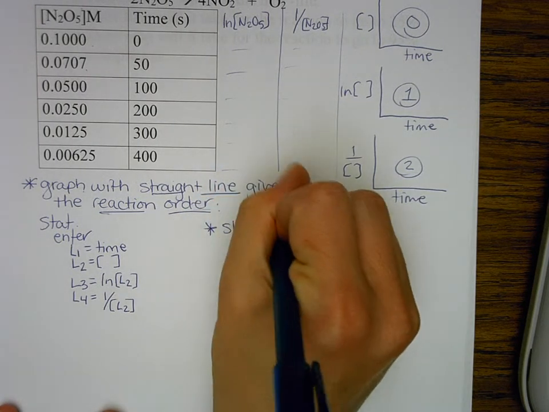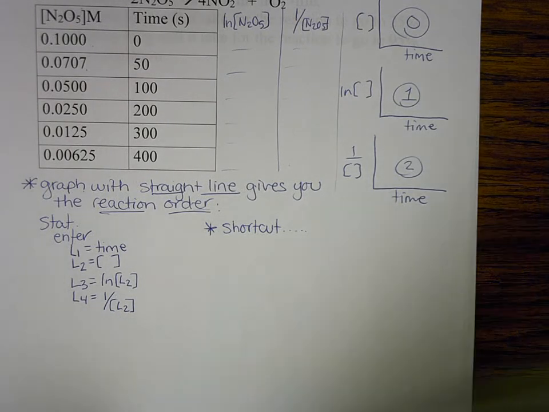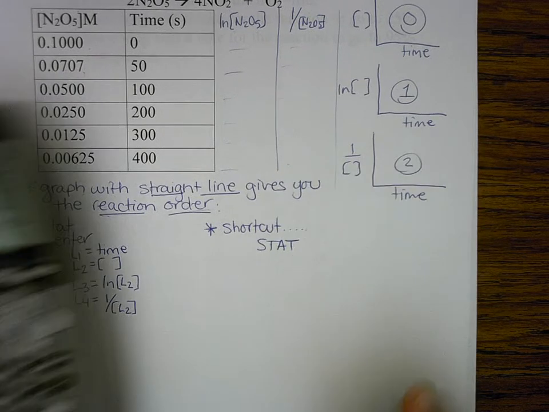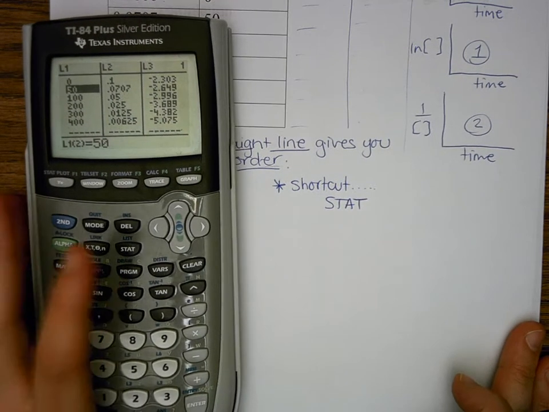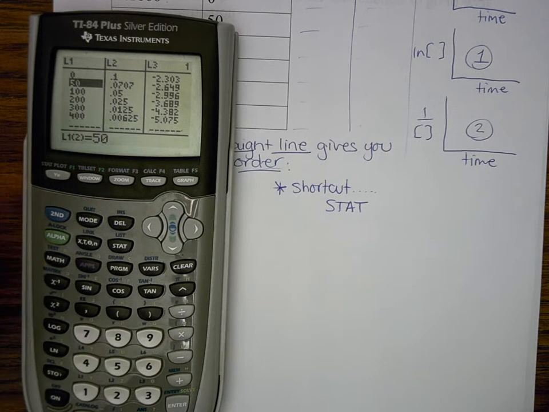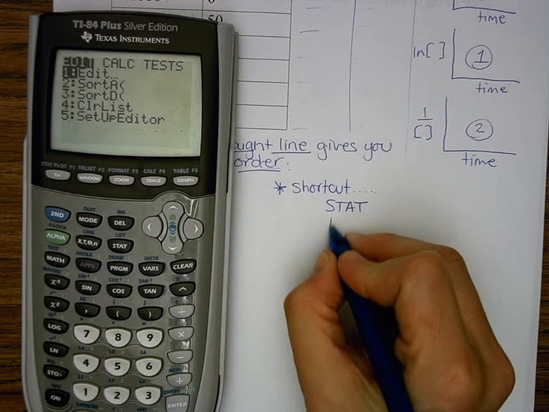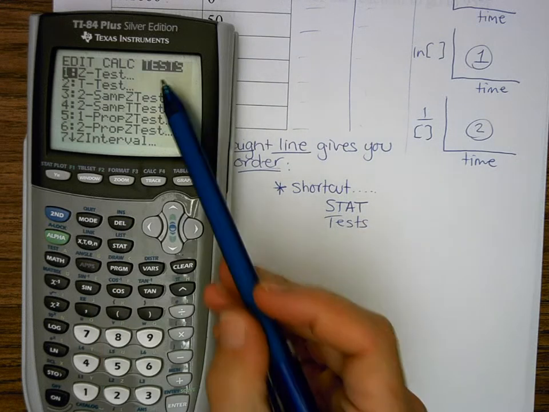So here's the shortcut, without graphing it. You are going to go to, again, your stat button. So here's my figuring out what's a straight line. Stat. And then you're going to go over to tests. So I'm going to arrow over so that my tests are highlighted.